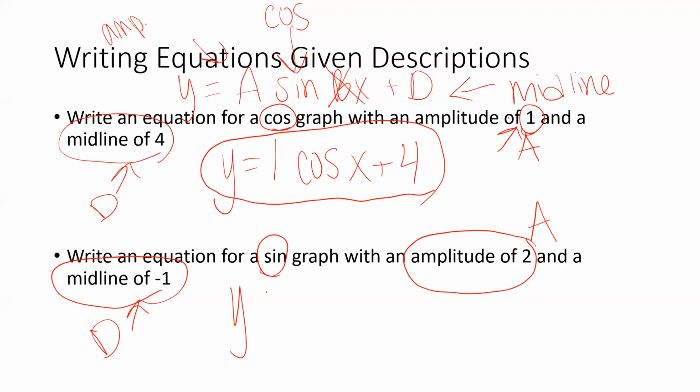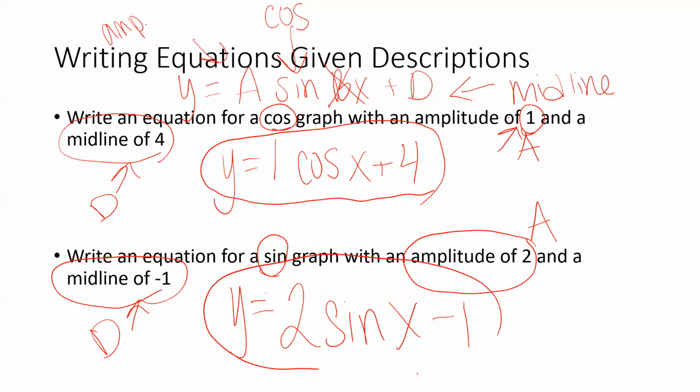So y equals my a value, my amplitude, 2, sine of x, and then my midline, or my d value, is -1. So y equals 2 sine of x minus 1. That's how you would write an equation if you were given a description. So again, you just plug in your amplitude for a, plug in your midline for d, and you've got your equation.